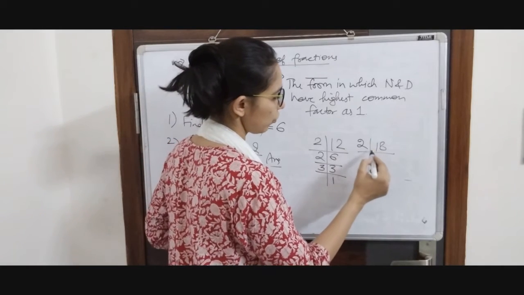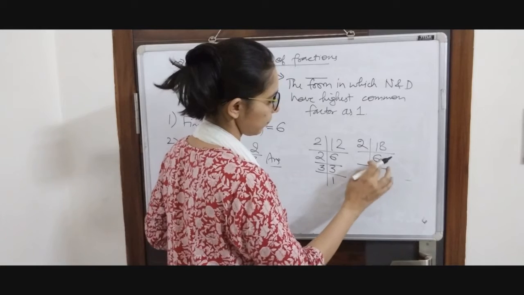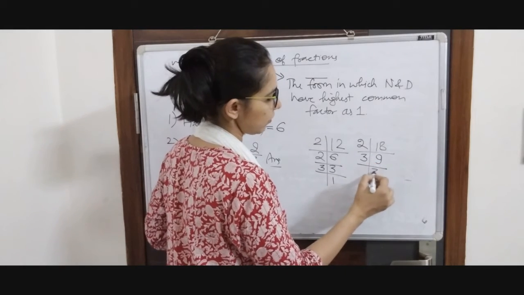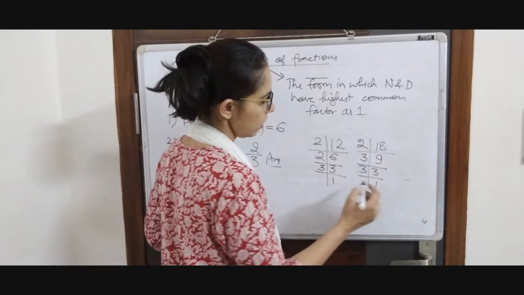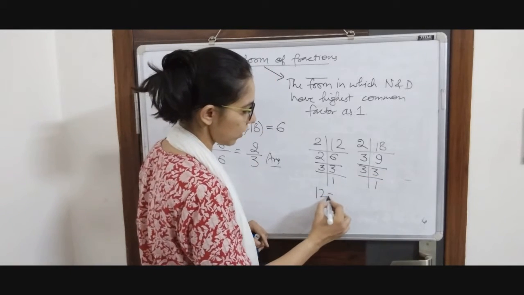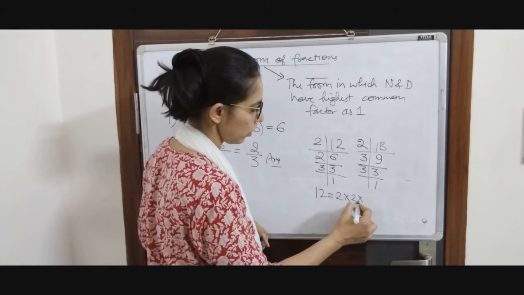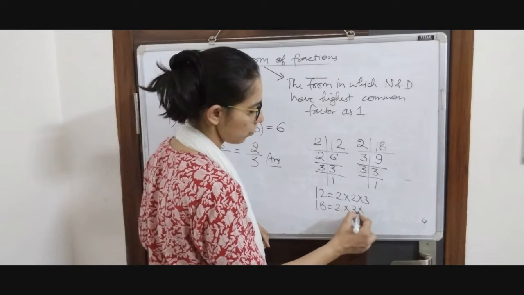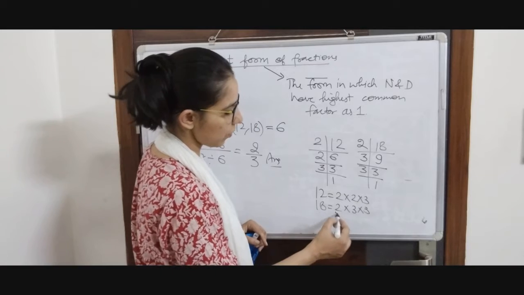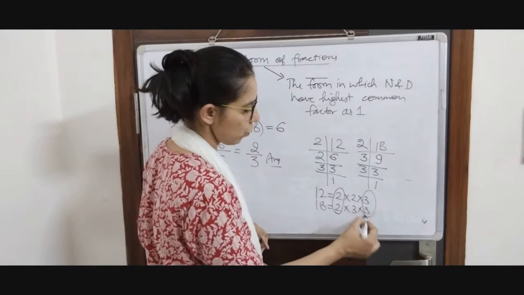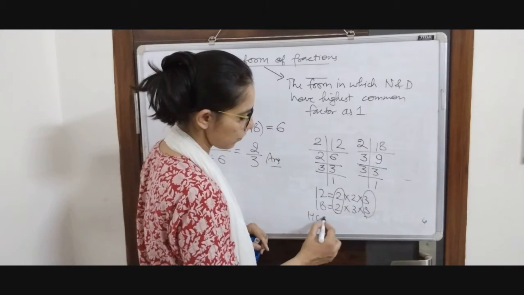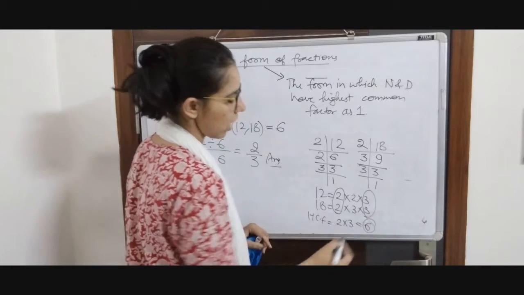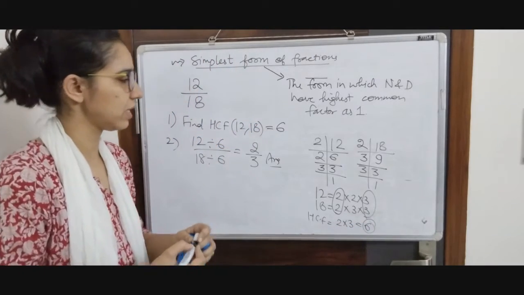Similarly for 12, it is divisible by 2, 6, then 3. Now we write 12 as 2 into 2 into 3 and 18 as 2 into 3 into 3. So what are the common factors available? These are 2 and 3. So your HCF is going to be 2 into 3, which is 6. So this is how we find the HCF.